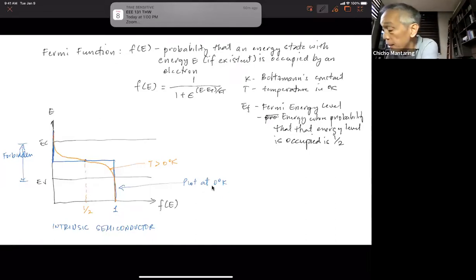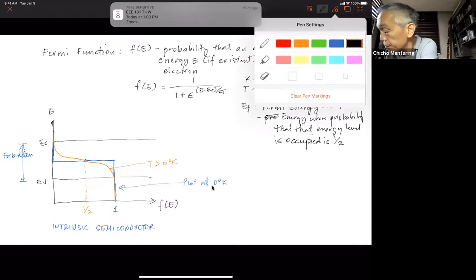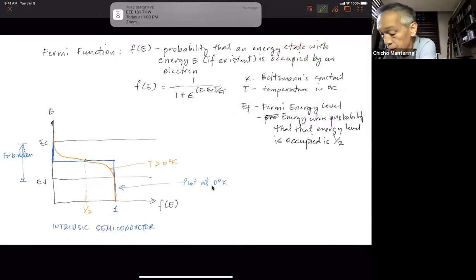If I further raise the temperature, this is what my plot is going to look like. So this is a T now, let's say much greater than 0 degrees Kelvin. That's what my plot is going to look like.